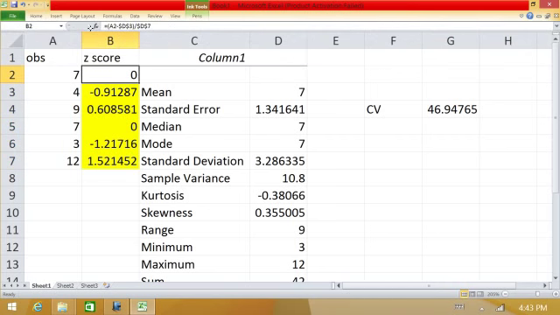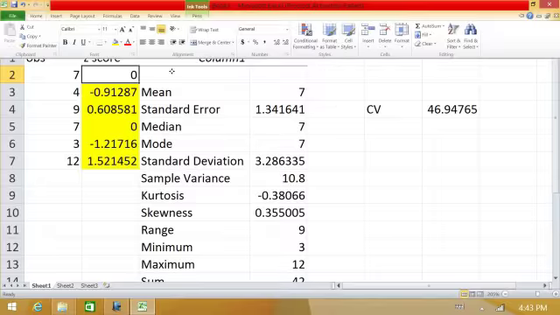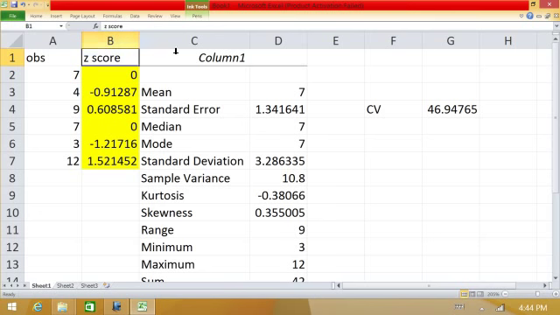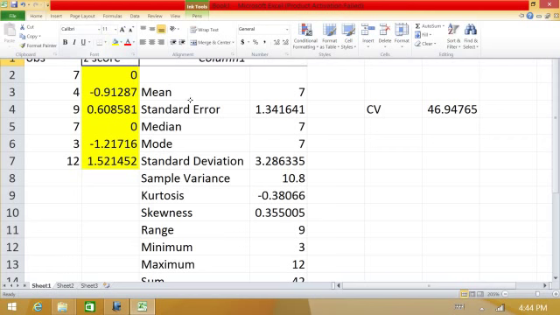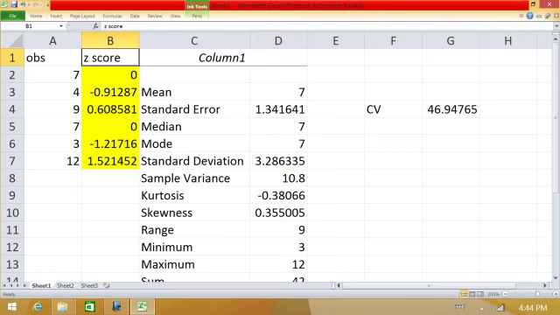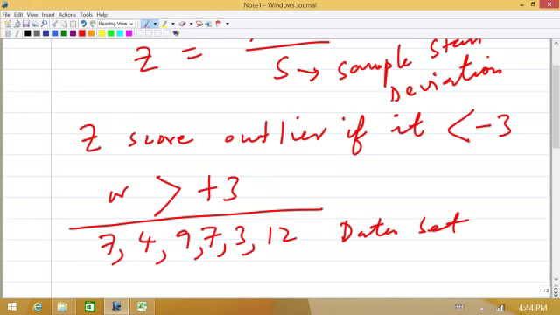So this is our z-score right here: 0, 0.2, 0.06, 0, negative 1.21, 1.52. So this is one way of expressing z-score. For the time being, I'll move back to my previous lecture.